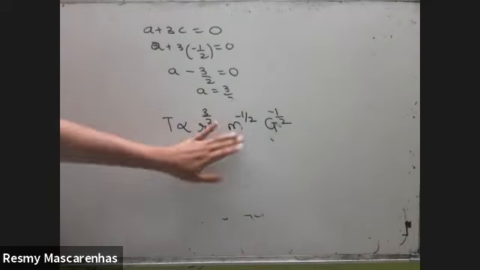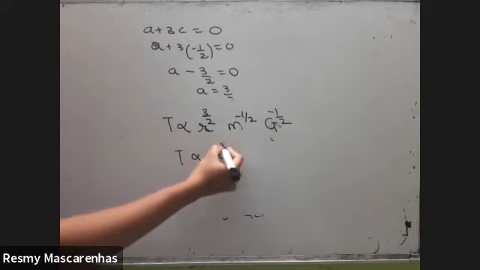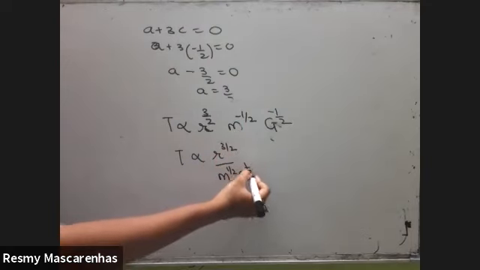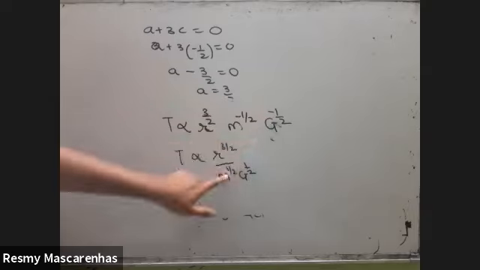Now this will go to the denominator. Both are negative, so both will go to the denominator.